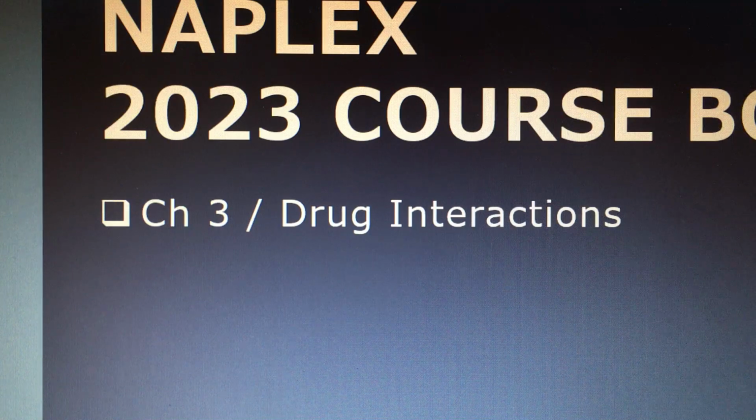The FDA labels enzyme inhibitors as strong, moderate, or weak based on the effect of metabolism of substrate drugs. The study tip gal below describes cytochrome inhibitors that are commonly involved in drug interactions.